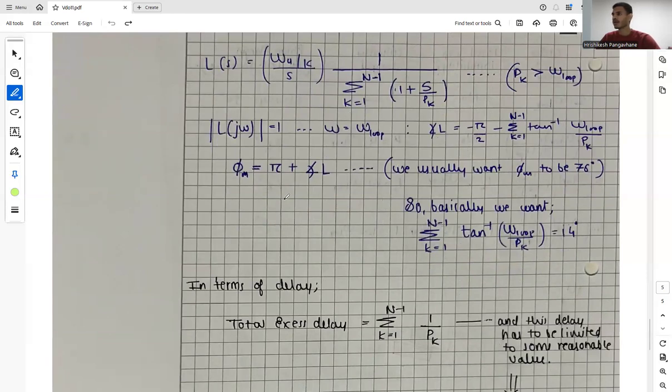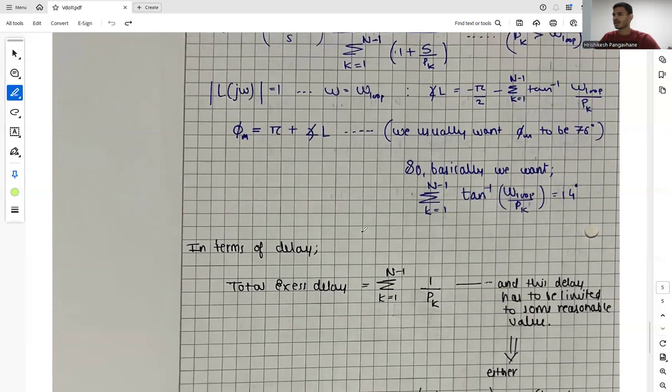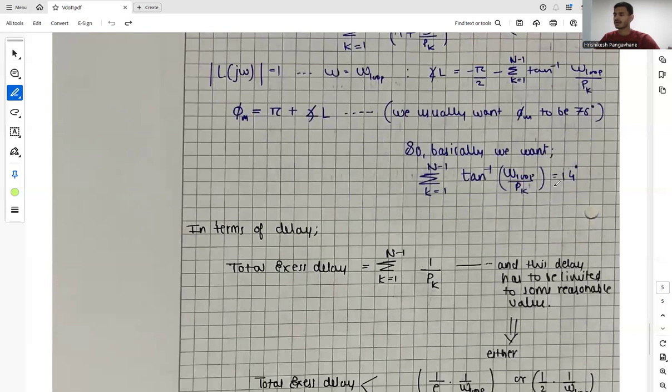So we usually want the phase margin to be 76 degrees. If we want our phase margin to be 76 degrees, we want this portion to be 14 degrees. And thus we can make a reverse calculation for any higher order system, provided that the phase margin should be 76 degrees.